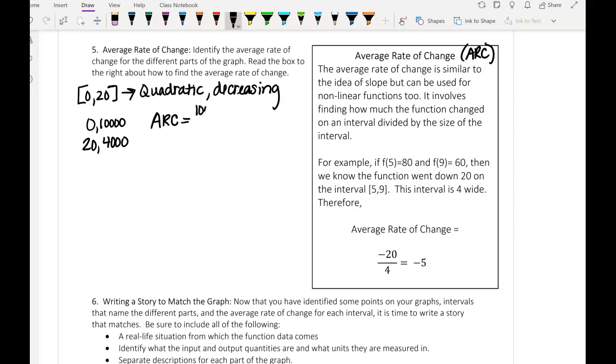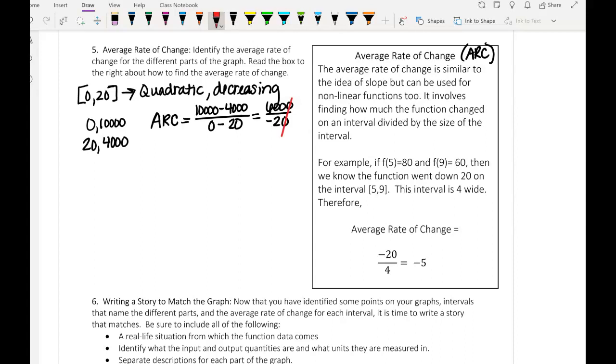We went 10,000 minus 4,000 over 0 minus 20, because our x, we started from 0 and we went to 20. Well, 10,000 minus 4,000 is 6,000. 0 minus 20 is negative 20.